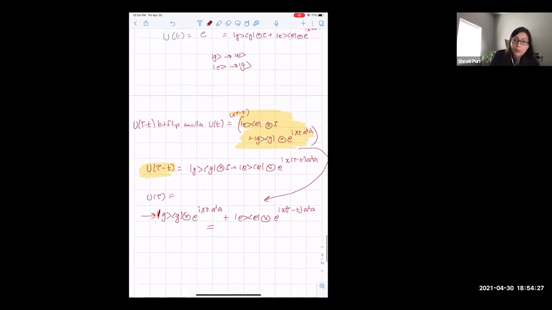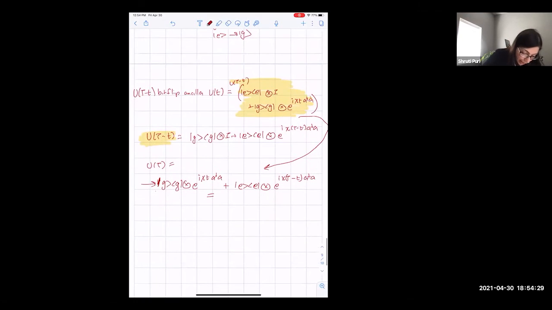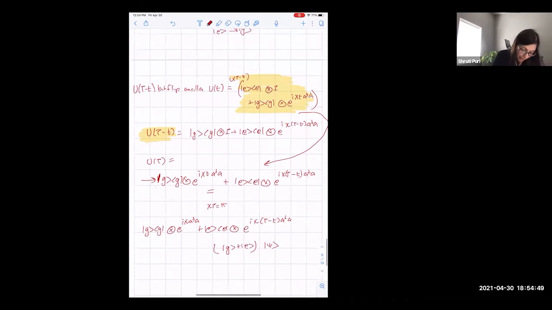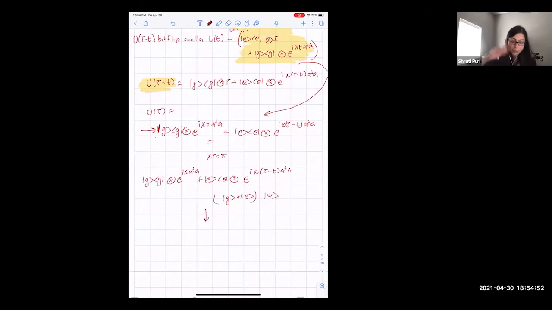Okay, so now what happens? Again, remember χt was pi. So now if I apply this to my input state, which was the qubit in G plus E and the cavity in some state psi, suppose psi is the +1 eigenstate of the parity operator.